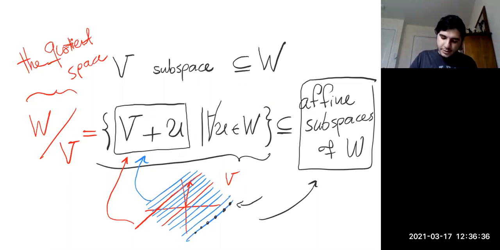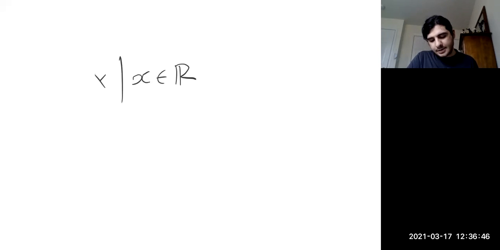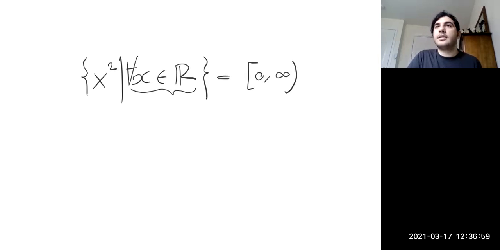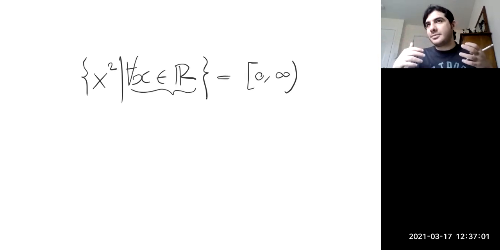So for example, just to resolve this issue, I'm saying consider elements X in R, for every X, and then consider the set X squared. This set is the set of positive or 0, right? The non-negative numbers. Although I'm saying every X in R, the result of this set is not R itself, it is a subset of R. Is that correct? Yeah.